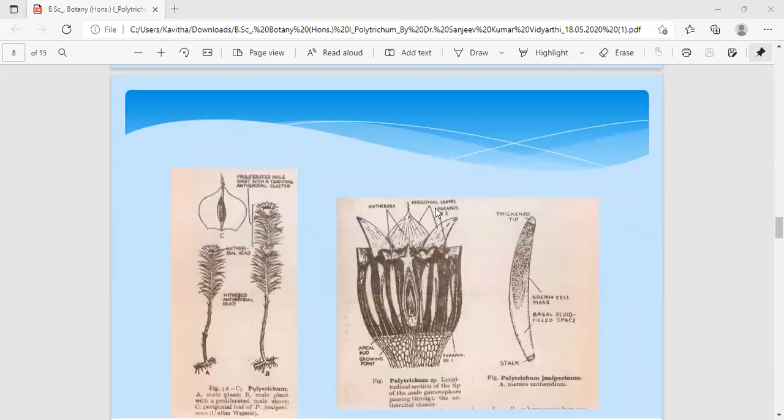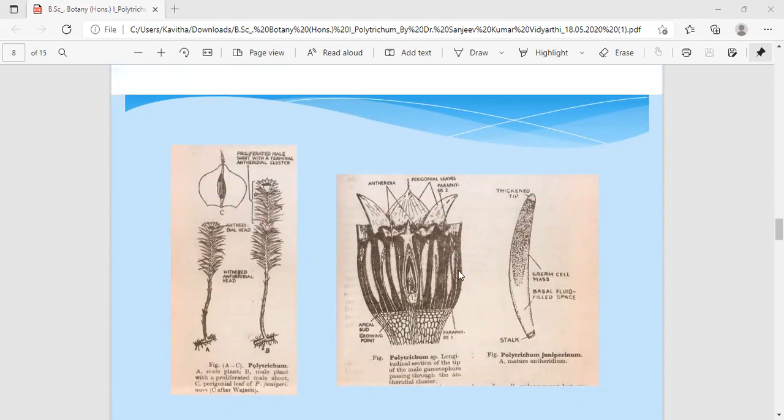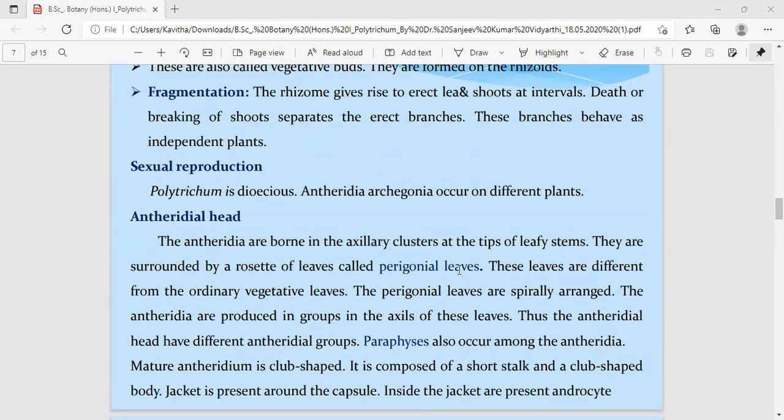Right. So when we discuss the male plant, that is the development of the male sexual organ which is called antheridia.